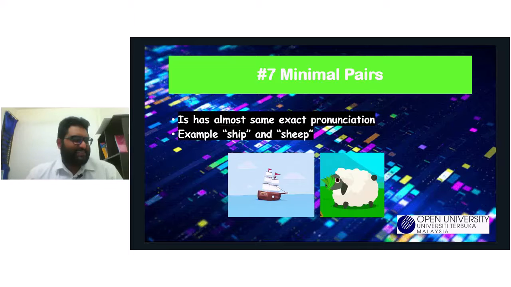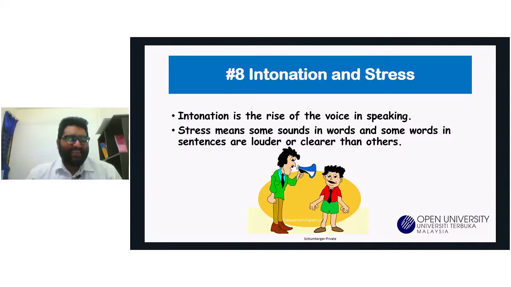Okay, tip number 8. Intonation and stress. It's important to pay attention to intonation and stress. Good pronunciation is more than just mastering individual sounds. It's also understanding intonation, the rise and fall of the voice, and stress.